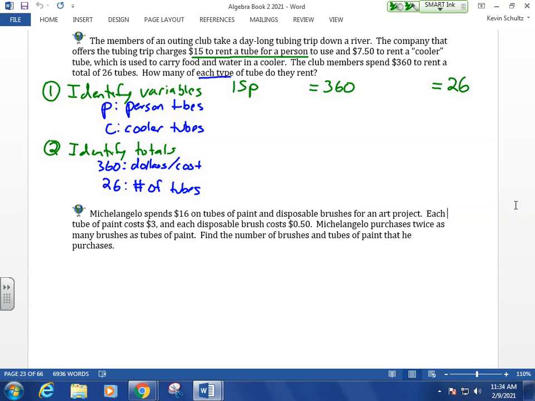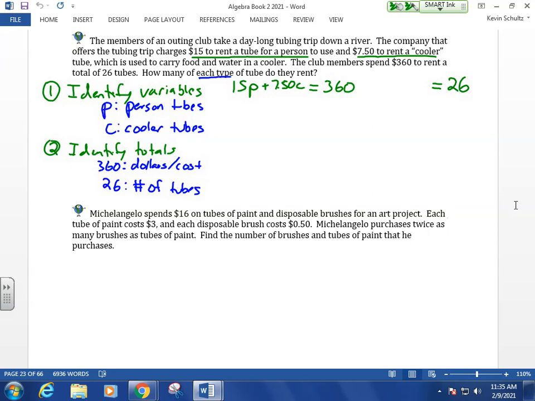And then for that cooler tube, it's $7.50 for each cooler tube. So $15 per person tube plus 7.50, or just 7.5, if you don't want to put the zero, it's fine, per cooler tube equals $360 total. And what we're looking for here is the combination of those two types of tubes that will give us that total of 360.